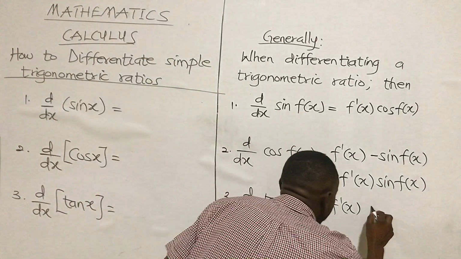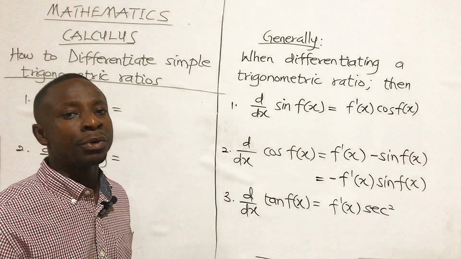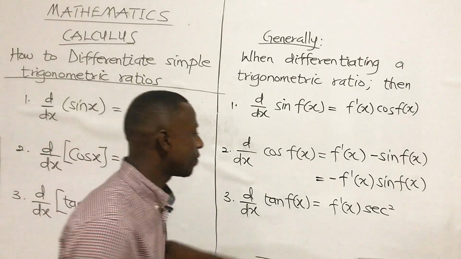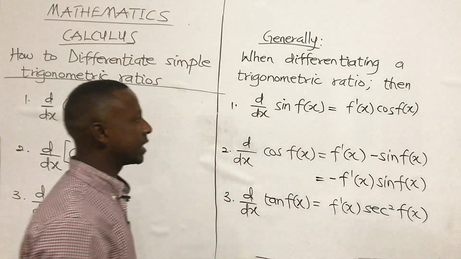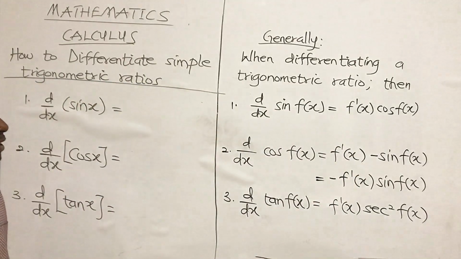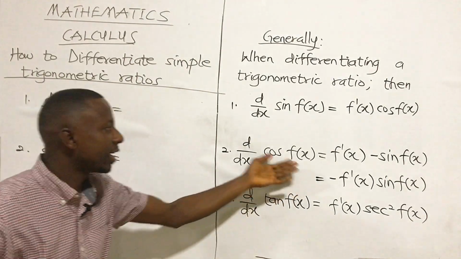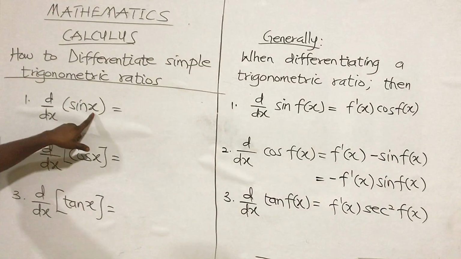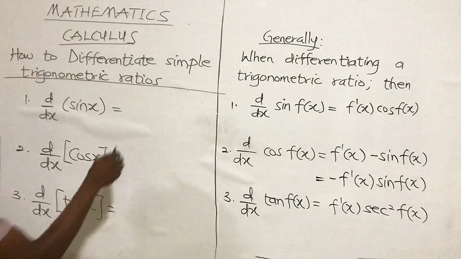So tan, its differential is sec squared of the function, which is f of x. So basically, this is the general form. Now from here, let's look at what we have here. When I differentiate the function, which is x, I am getting 1.